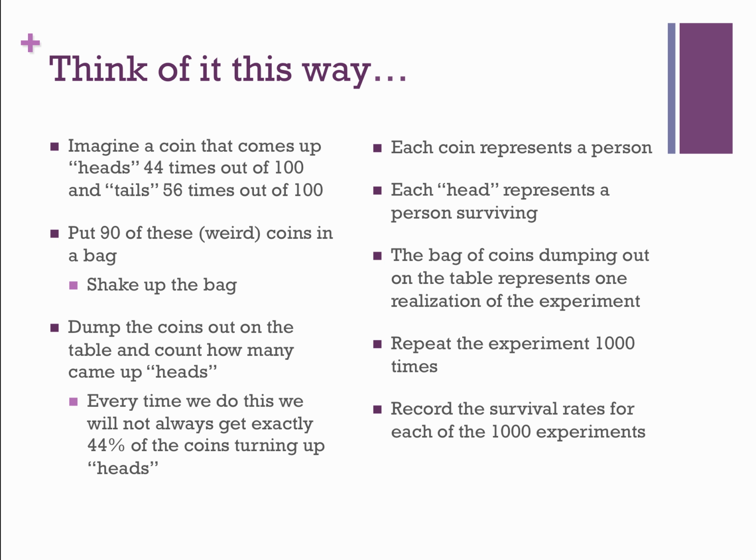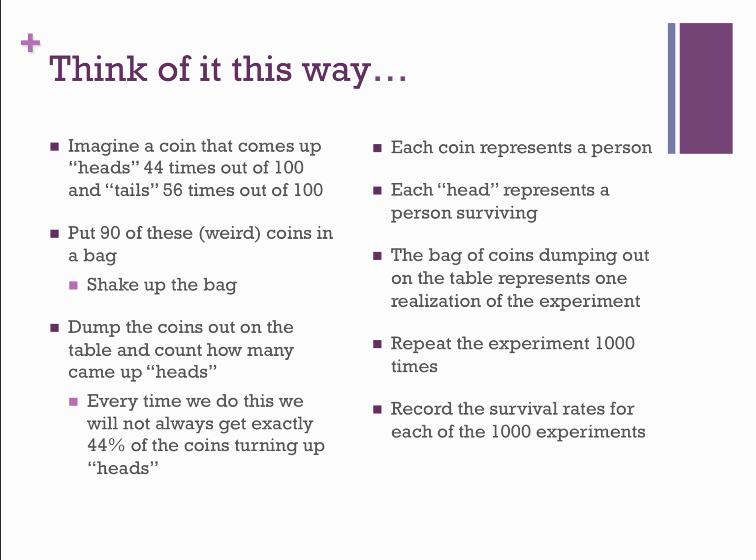So if it's easier to think of it in terms of flipping a coin, imagine a coin that is actually an unfair coin. So heads are going to come up 44 times out of 100, and tails are going to come up 56 times out of 100. We're going to put 90 of those weird coins in a bag, and we'll shake up the bag. Then dump out the coins onto a table and count how many come up heads. Remember, we expect to see 44 heads out of 100.